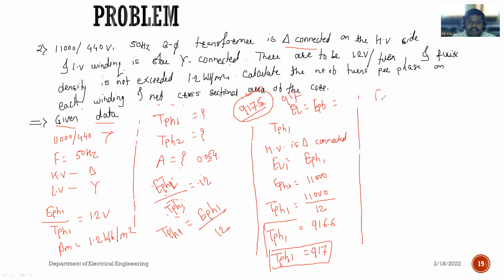That is EPH2 divided by TPH2 is equals to 12. So we are able to calculate TPH2, it is equals to EPH2 divided by 12. Now calculate EPH2 and then find out the value of TPH2.